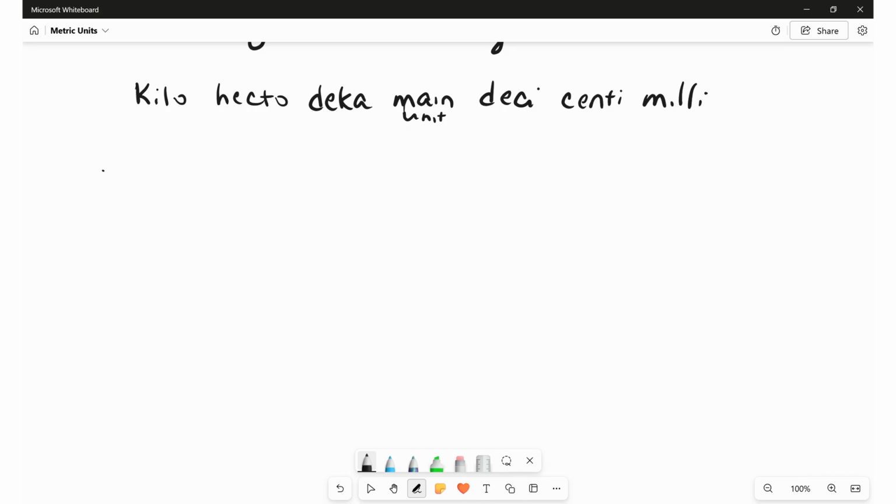So let's change 5.6 centimeters to millimeters. Well, if you notice, there's only one space to go from centi to milli, and it goes to the right, which means that this is 56 millimeters.